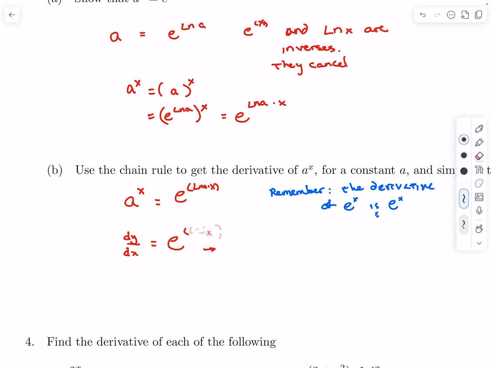Eraser time. And the chain rule is on the inside. What is the derivative?